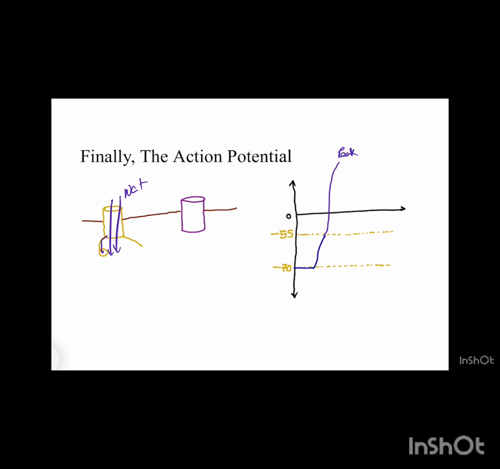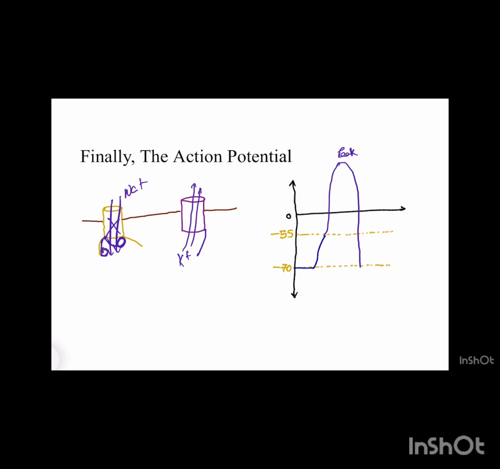The inactivation gates of our voltage gated sodium channels close off. Since the inactivation gates close, sodium can't enter anymore, and the potassium channels open up. So potassium starts leaving the cell, and once potassium starts leaving, our potential starts dropping again.